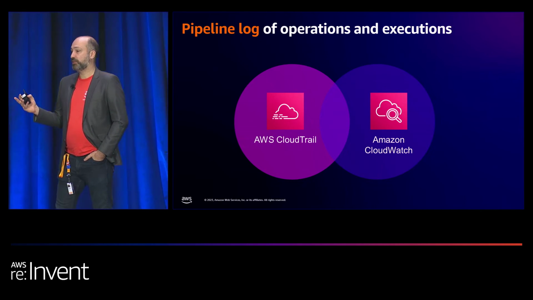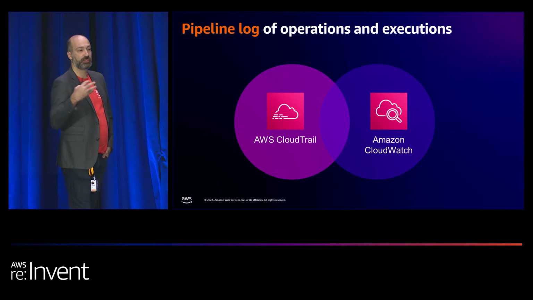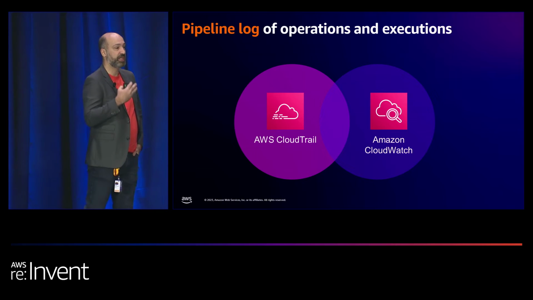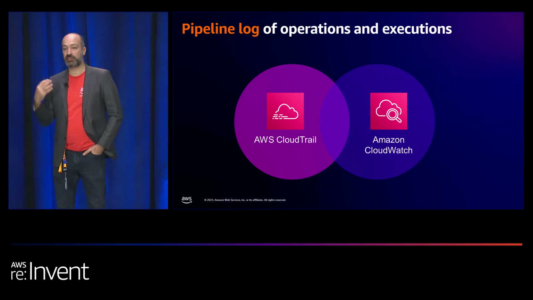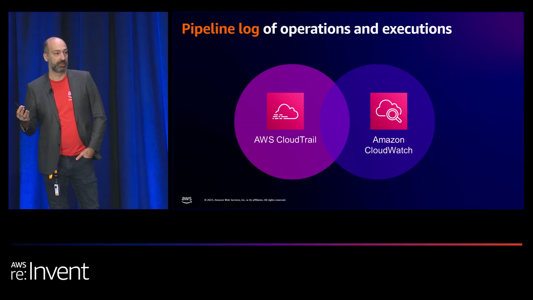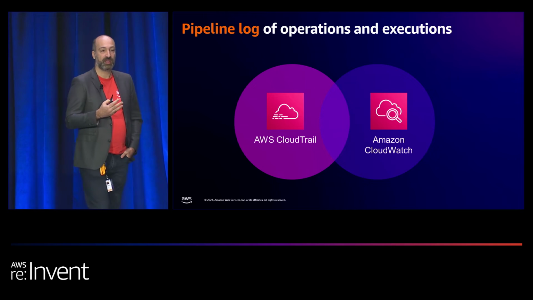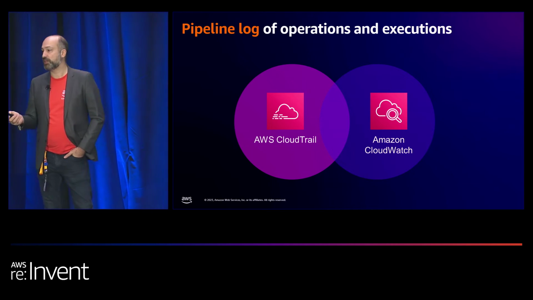One of the last elements that I want to add is that a pipeline is doing actions in your different AWS accounts. It's creating artifacts, it's provisioning artifacts. So it generates information at the CloudTrail and at the CloudWatch level. But those elements are very important when we are dealing with tracking the supply chain.